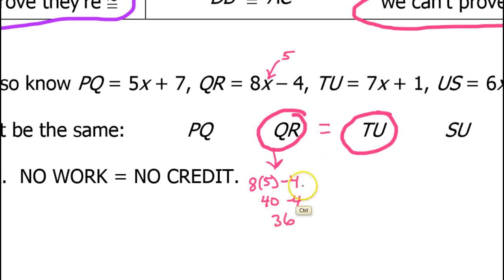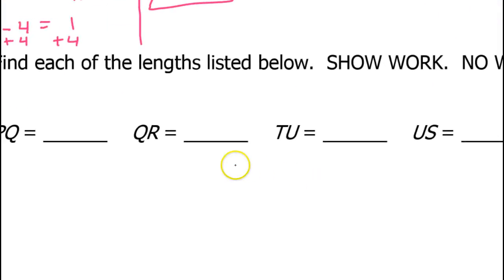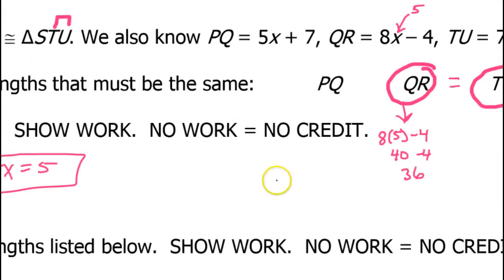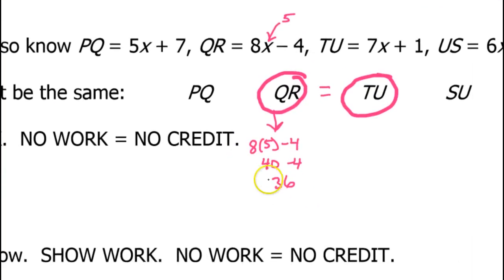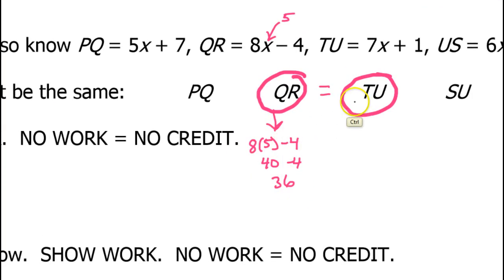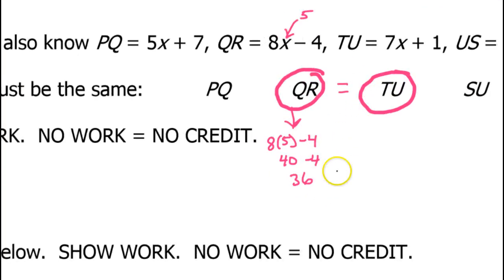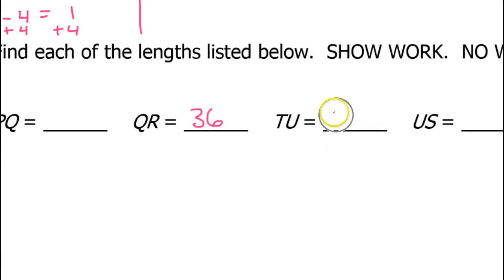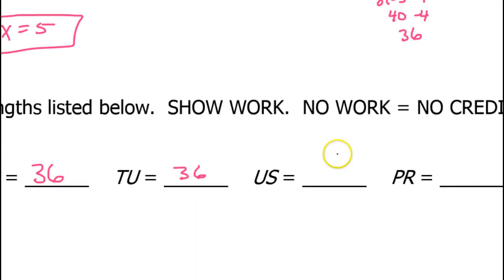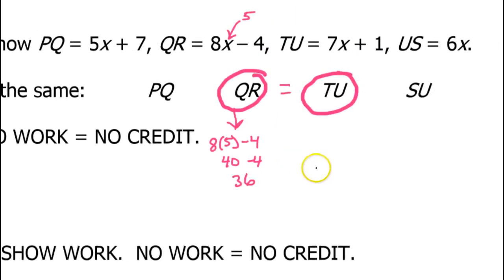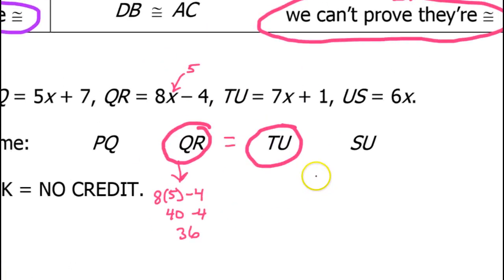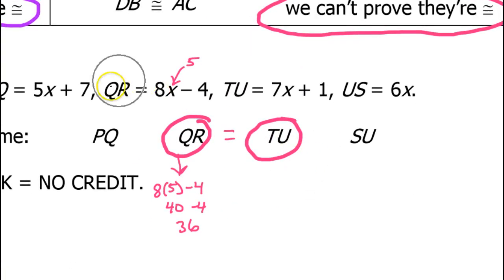So QR is 36. Put a big old 36 right there. TU is equal to that. So TU is also going to be 36. Let's see, what else can we do? So we did QR and we did TU.